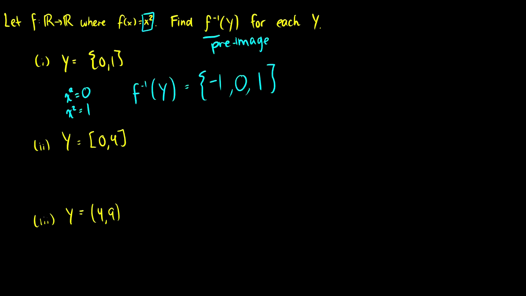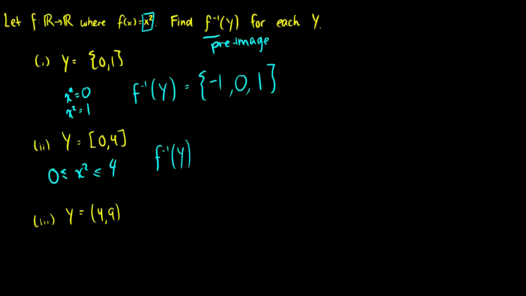Okay, so what about the interval? So in this case, we want x squared to be between 0 and 4. Okay, so, well, this is just like taking the square root of both sides.